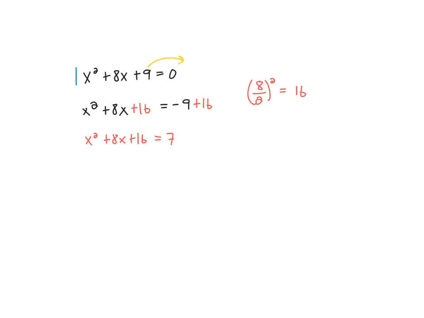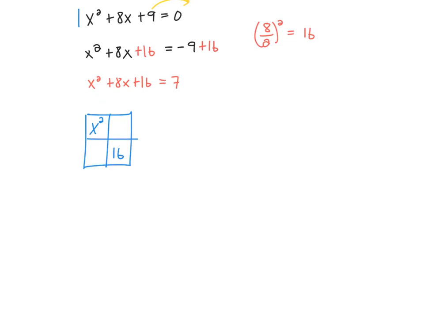I'll use my box here to factor this. X squared, 16, so we get x and x, plus 4 and plus 4, so 4x and 4x, which works for my 8x.